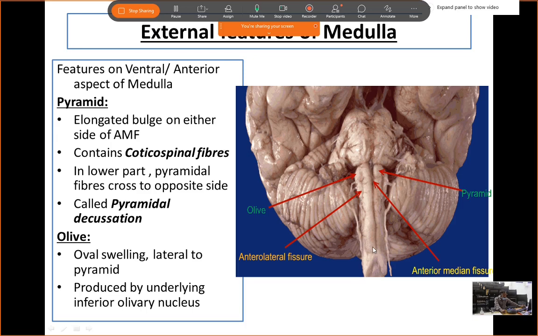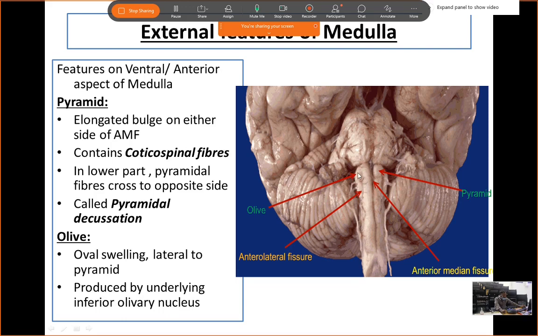And in the lower part, this pyramid is obliterated due to the crossing of the corticospinal fibers, which is called pyramidal decussation. Then by the side of the pyramid, in the upper part, not the whole part of the pyramid, there is a small elevation, and this small elevation is known as the olive.